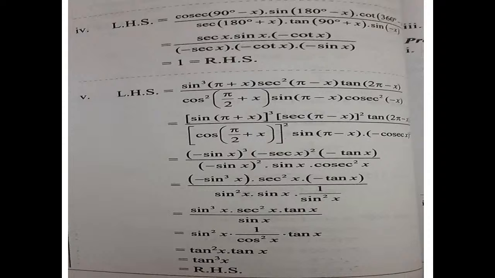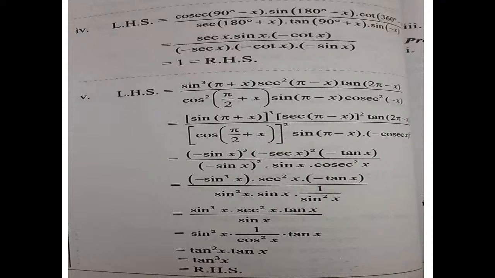And sin(180 - x), that is pi - x, which is 2 pi by 2 - x, an even multiple, so sin is as it is. And 180 - x lies in the second quadrant, and in the second quadrant sin is positive, therefore sin(180 - x) is equal to sin x.